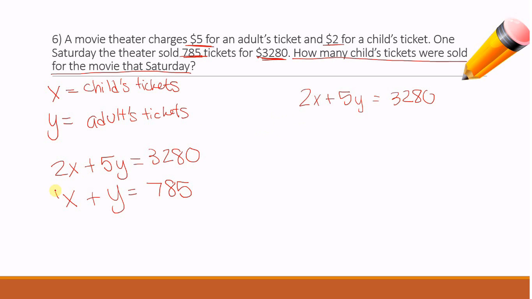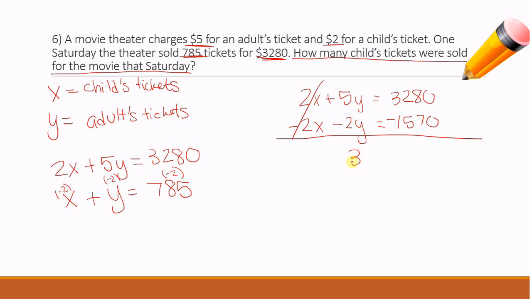So let's do some elimination on this problem. I'm going to multiply the bottom by -2, cancel out my x's. And I'm going to get -2x minus 2y equals -1,570. x's have canceled.